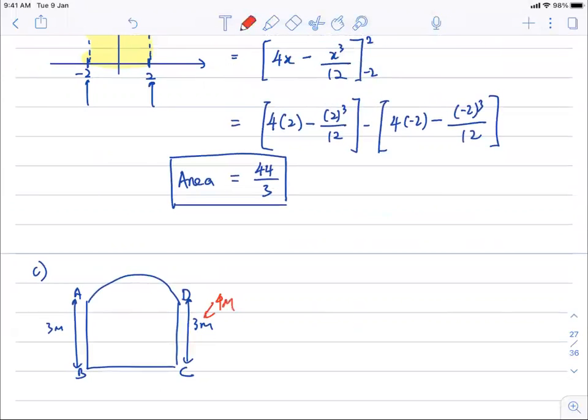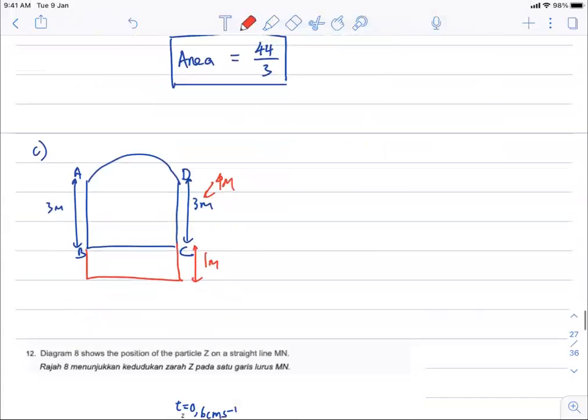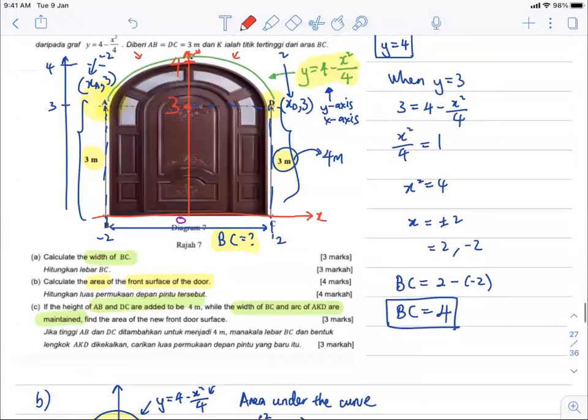So to make this happen, we can add one more 1 meter over here. The base of this thing remains the same as 4. So it wants us to find the new front door surface area.